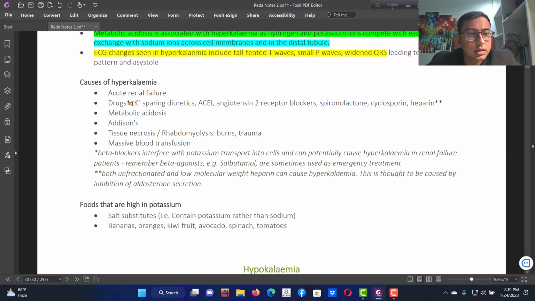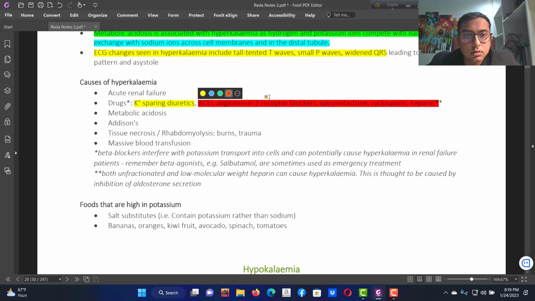Causes of hyperkalemia: potassium-sparing diuretics like spironolactone, angiotensin converting enzyme inhibitors, angiotensin 2 receptor blockers, cyclosporine, heparin. You must know heparin.